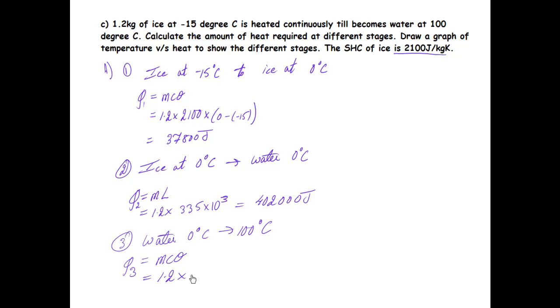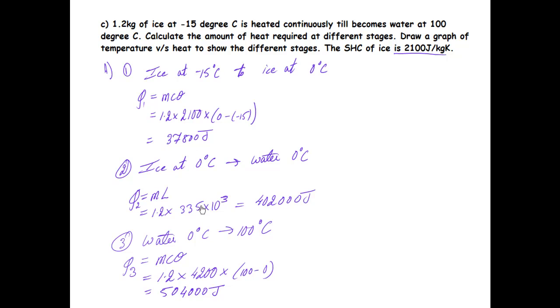The specific heat capacity of water is obviously different from specific heat capacity of ice. It is 4200 joules per kg Kelvin, and the temperature change is 100 minus 0, and as a consequence the total heat turns out to be 504,000 joules.